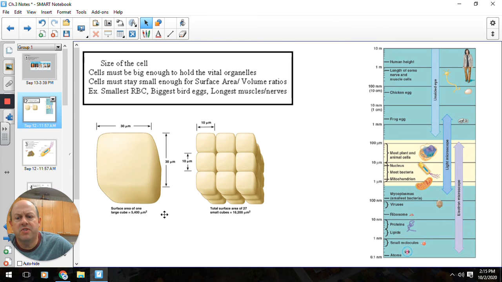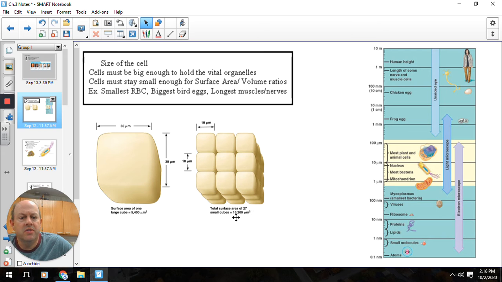But the surface area, we get by taking the area of one side and then adding all those sides together for the surface. So in this case, we'd take 30 times 30 and then times 6 because we have 6 sides. And that would give us a surface area of 5,400. On this side, our surface area is going to be 10 by 10 times 6 for one little cube, and then times 27 for all 27 cubes.